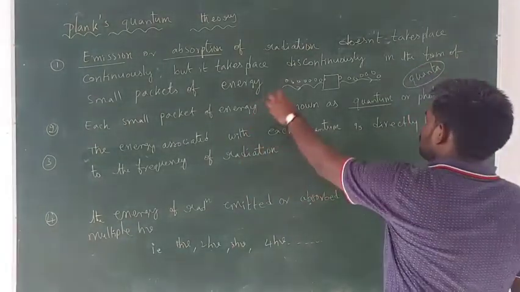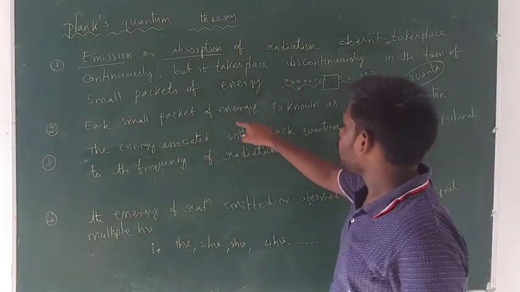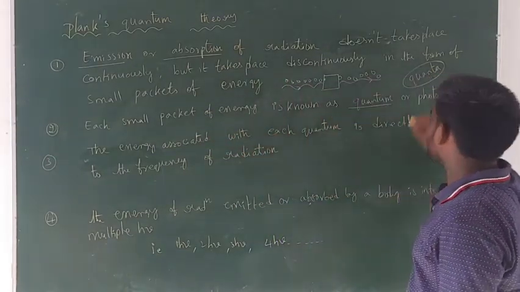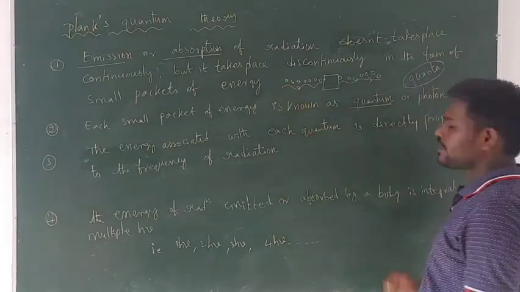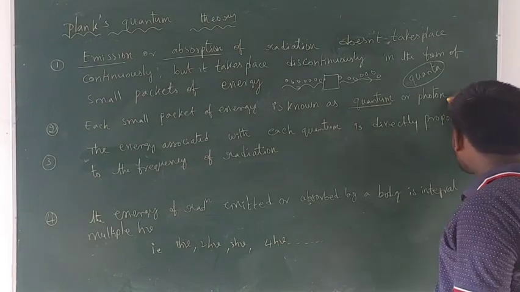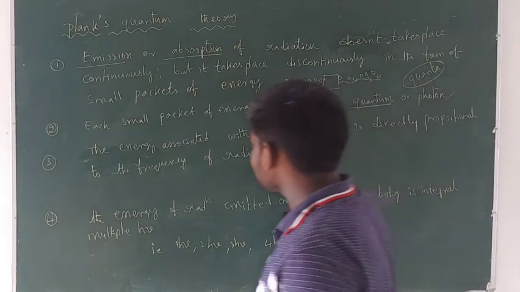A group of small packets of energy is known as quanta. A single small packet of energy is known as quantum, which is also known as a photon.